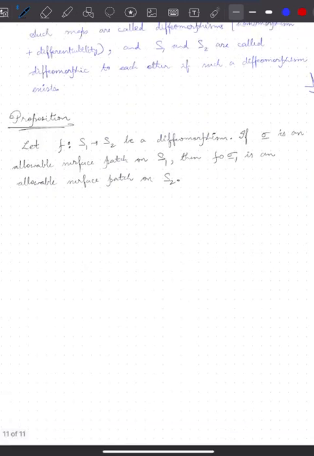Right. So the way to prove it, of course, I'm not going to do it completely here, is that sigma 1 is mapping from U1 to R3 and sigma 2 too, the single allowable patches on S1 and S2 respectively. And also F is a diffeomorphism.